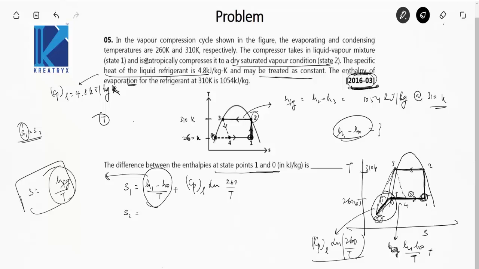For the portion from 2 to 3, this will be HFG by T, and HFG here is equal to H2 minus H3 upon T. For the portion in the liquid region, this will be given by CPL ln of T3, which is 310 Kelvin, upon T. Now S1 is equal to S2, we know this.